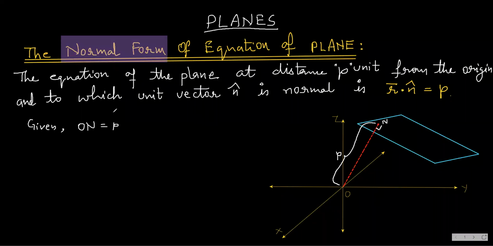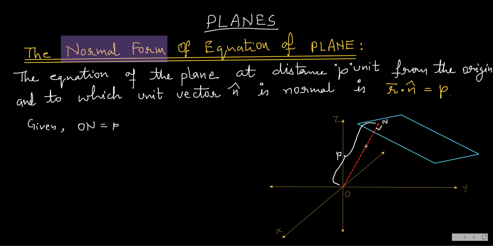The next part they say is, and n cap is a unit vector normal to the plane. There is a unit vector n cap which is normal to the plane. So what direction will that unit vector be in?